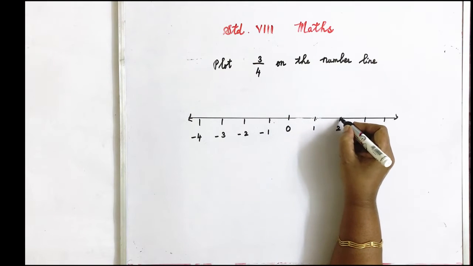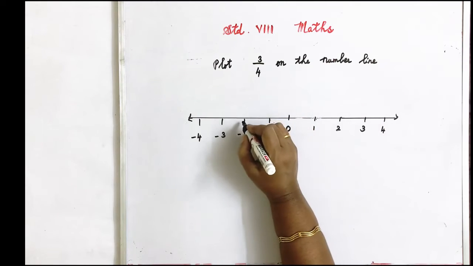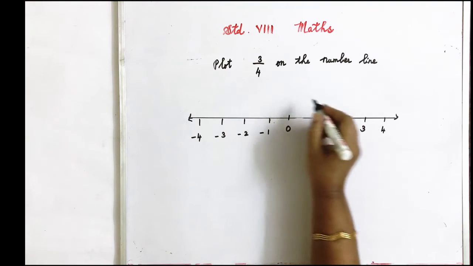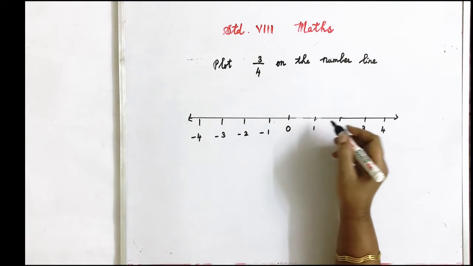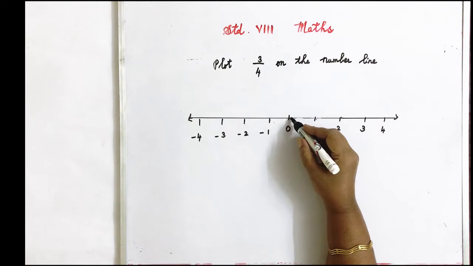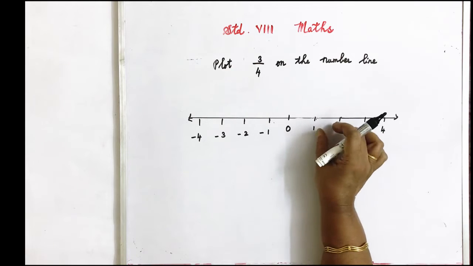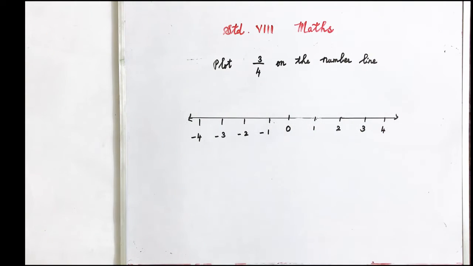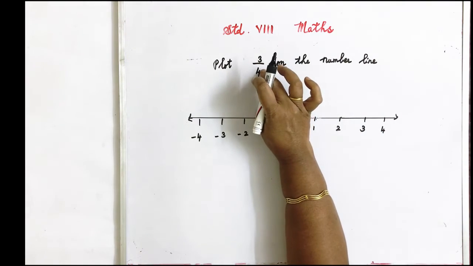Same way for positive integer 2 the opposite is -2. For -2 this is the opposite. And all the integers will be equidistant. Equidistant means the distance from 0 to 1 and 1 to 2 should all be equal. Now we will see how to plot this 3 by 4.